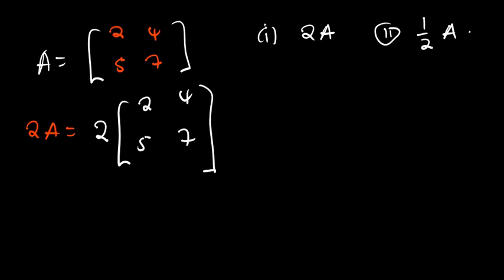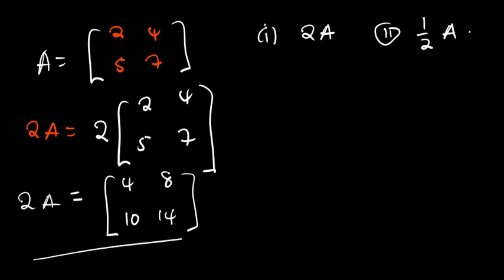Then I start multiplying. You multiply this 2 by any figure you have in the matrix. So 2 times 2, I end up having 4. Then 2 times 4 is 8. 2 times 5, 10. 2 times 7, 14. So this is the answer of 2A.